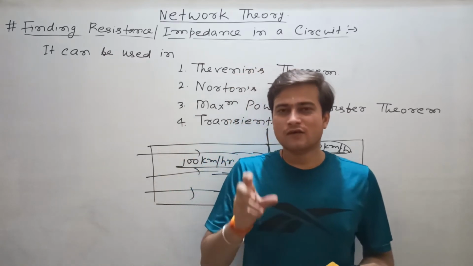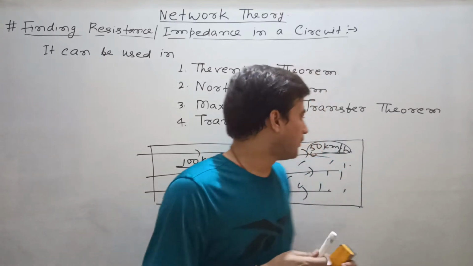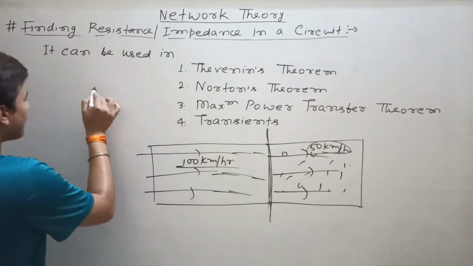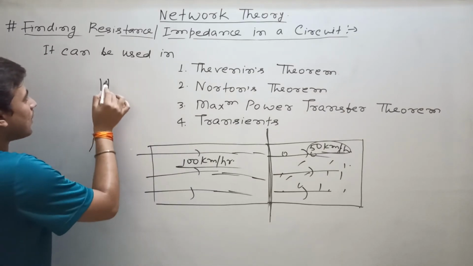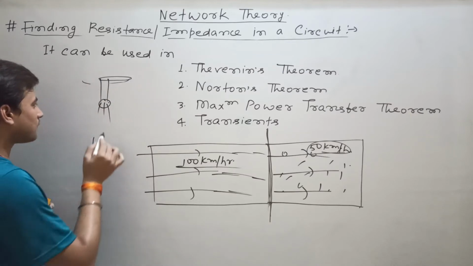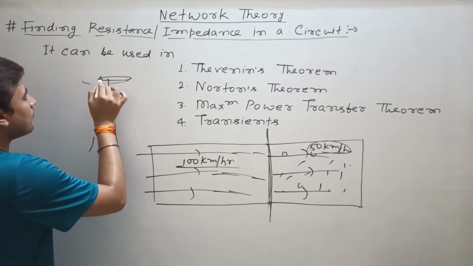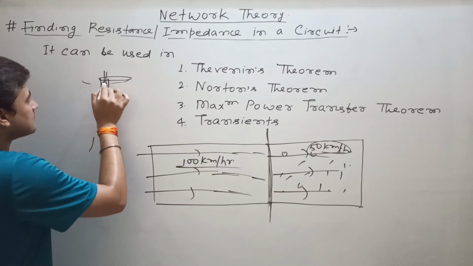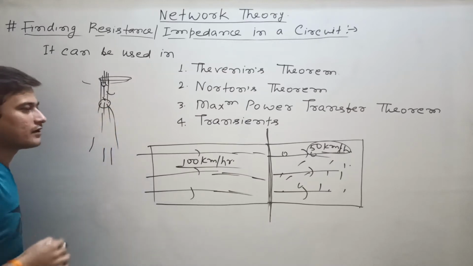When you do so, you will see that the flow of water reduces. Why? Because now it is inserting resistance. It is creating resistance in the path of flow of water.